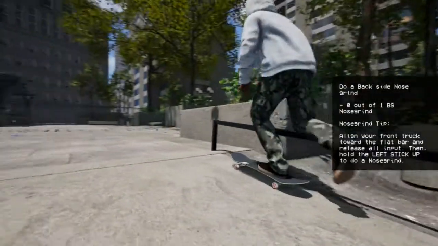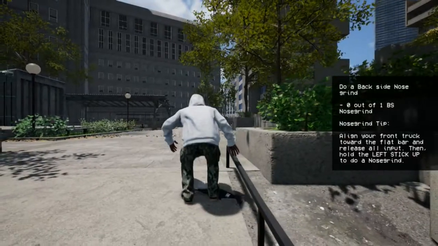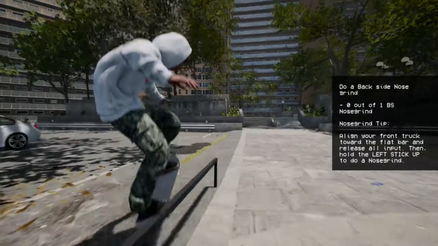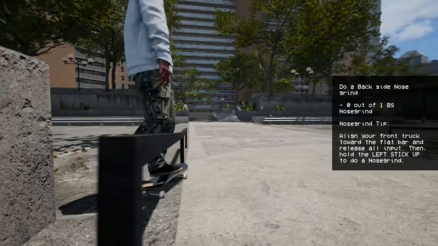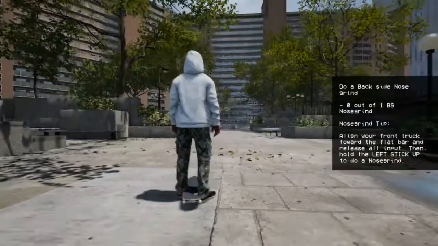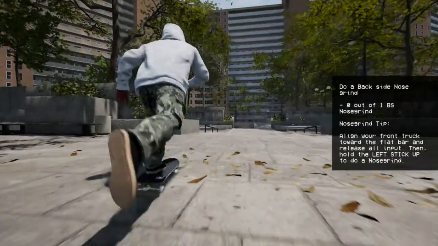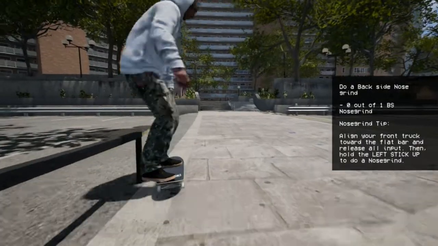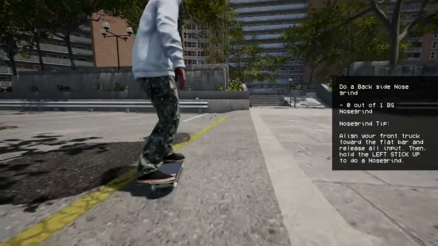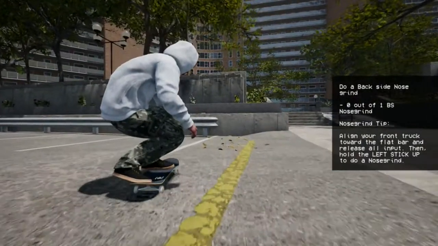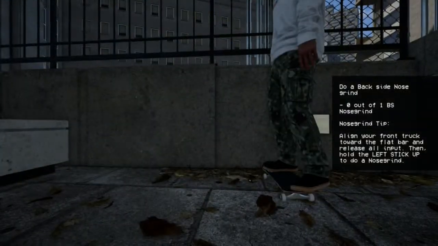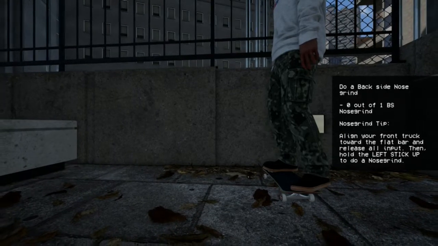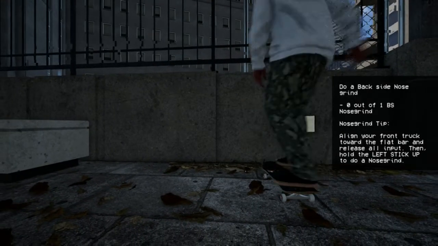I'm struggling right now. This is ridiculous. This is embarrassing. I think I was in nollie stance or something. I really wish they just had a respawn point or something, like a restart. It's so weird.